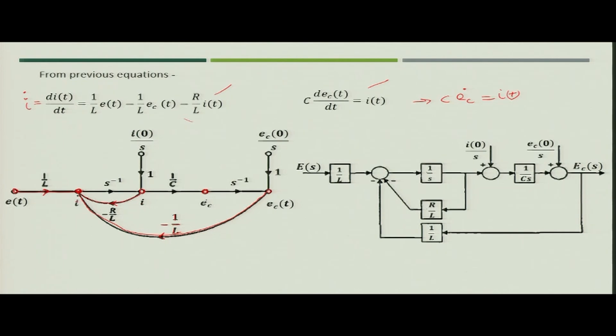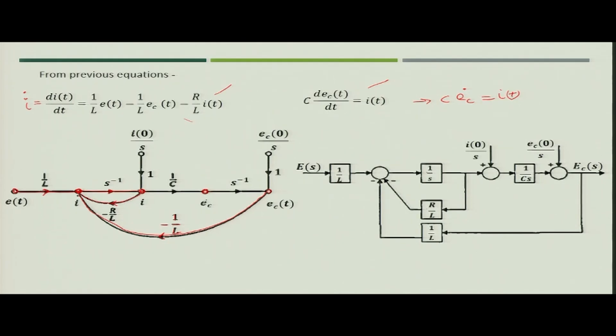Now, since I dot and I are related, if you take the integral of I dot, you get I. So, you add 1/S as a gain to represent the flow from I dot to I. Now, when you have I, you need to specify the initial condition also, as we discussed when we talked about the signal flow graph and how to add the integrator block.